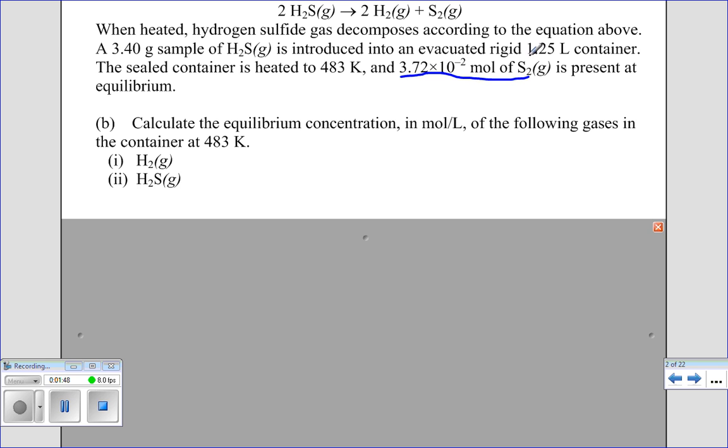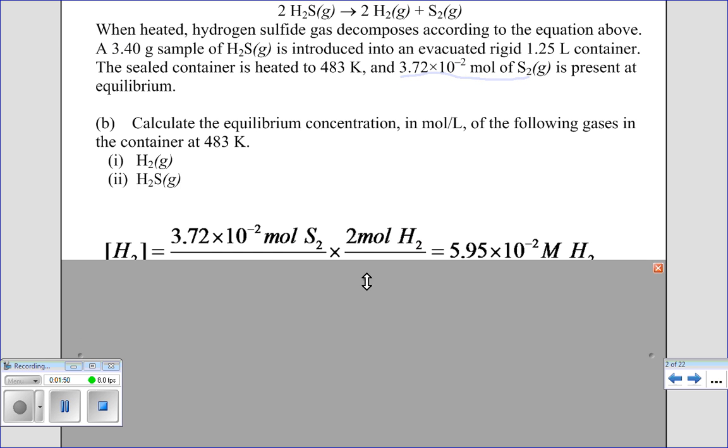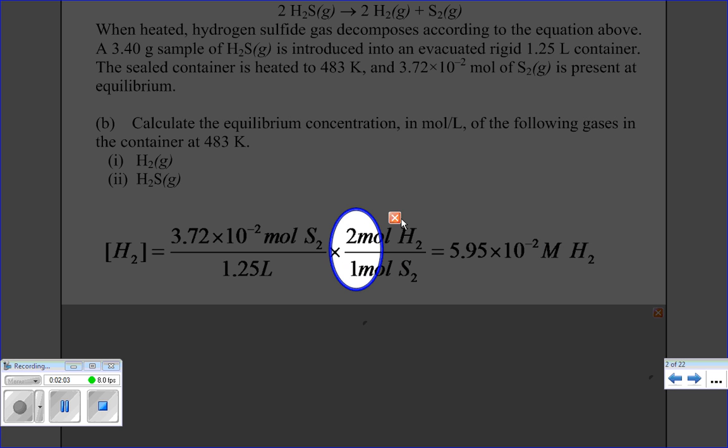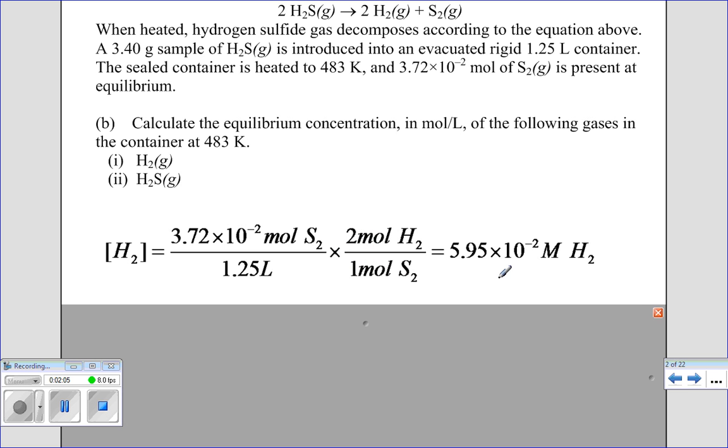And they're all in the same container. So this many moles of S2 divided by the volume times the 2-to-1 relationship tells me that I have 5.95 times 10 to the minus 2 molar H2. Right? And that could be written as 0.0595 as well.